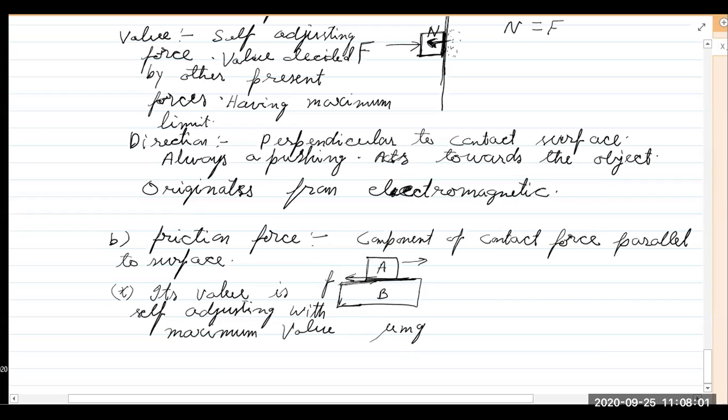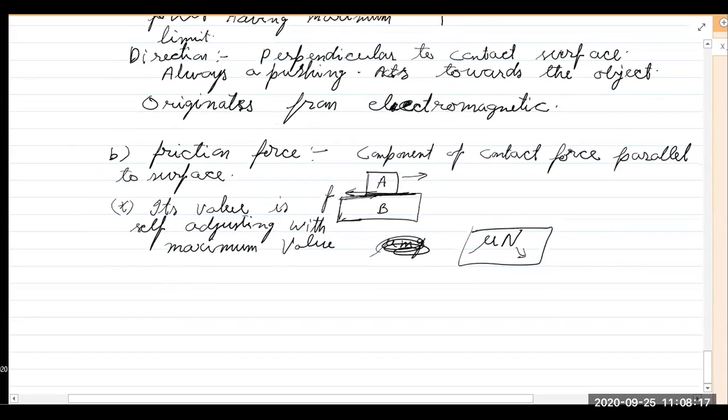Coefficient of friction, which is decided by how rough a surface is. Sorry, not mu mg, this is mu times normal, and normal is the normal component of the contact force. So this is the maximum value. So these things we will discuss in detail when we will be discussing the friction chapter.